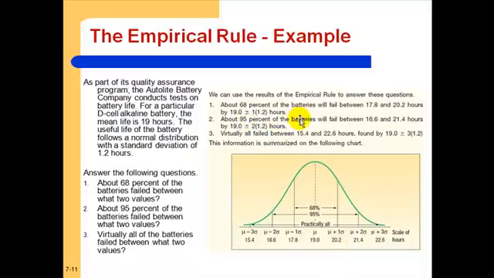About 95% of the batteries will fall between 16.6 and 21.4 hours. We found that by the mean number 19 hours plus or minus 2 standard deviations. Virtually all fall between 15.4 and 22.6 hours. We found that by using the mean number 19 hours plus or minus 3 standard deviations.